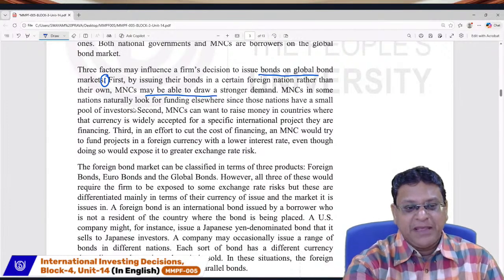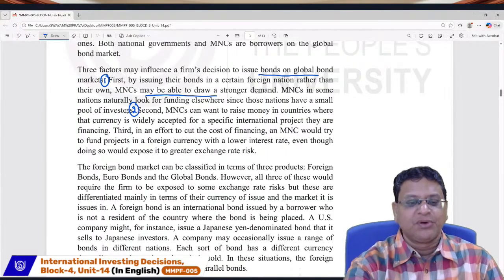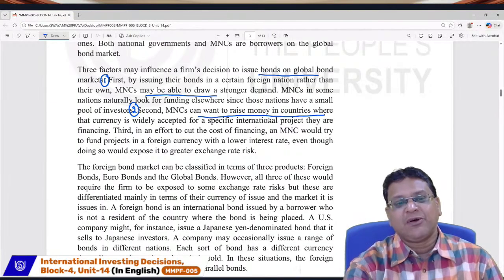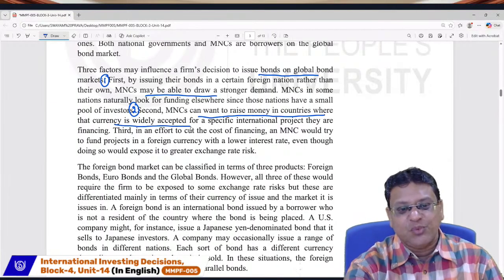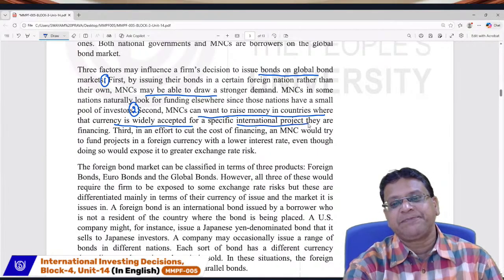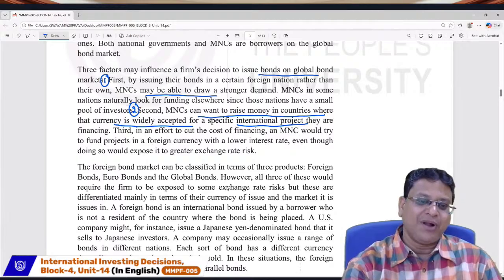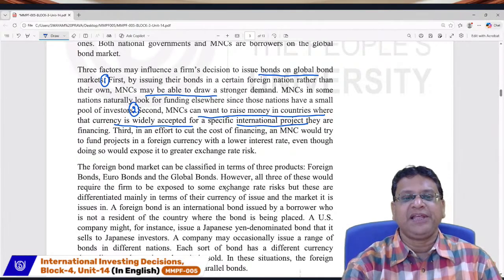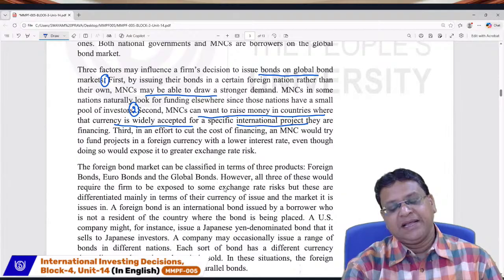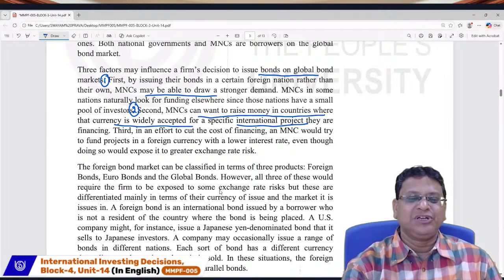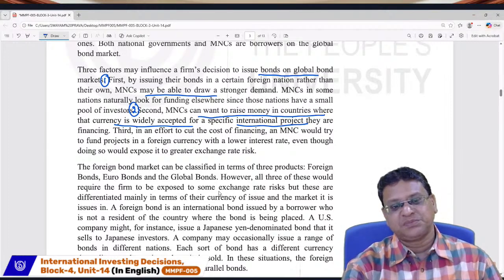Second, if an MNC issues a global bond, it improves its image. Then the MNC wants to raise money in countries where the currency is widely accepted for a specific international project. That means suppose an MNC wants to start an investment in the UK and it requires funds in pounds, so it may issue pound denominated bonds.